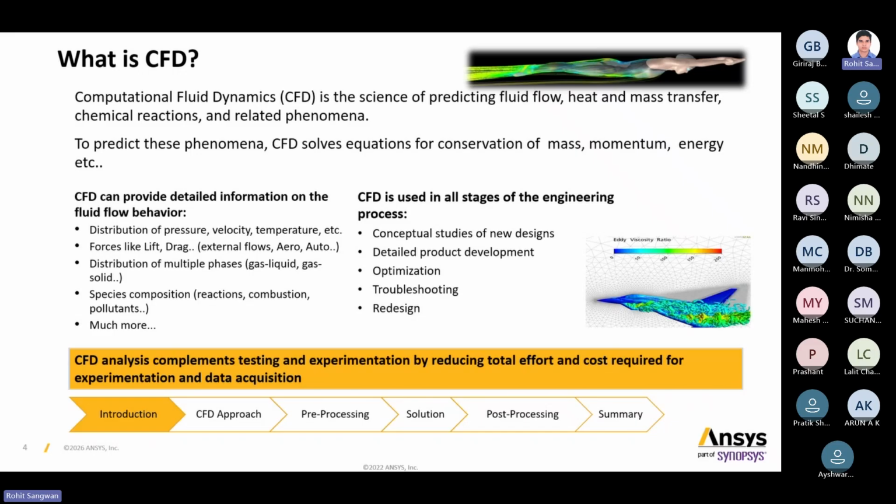Then we have the distribution of multiphase flows, like when we are extracting oil from the ocean, so we can perform those kinds of simulation also. Related to combustion, we have different chemical species which are reacting. Nowadays we are going towards reducing greenhouse gases, so how can I get better combustion efficiency? That kind of hydrogen combustion performance we can check with CFD simulation. There is much more.